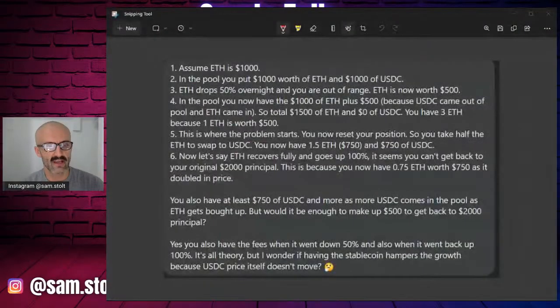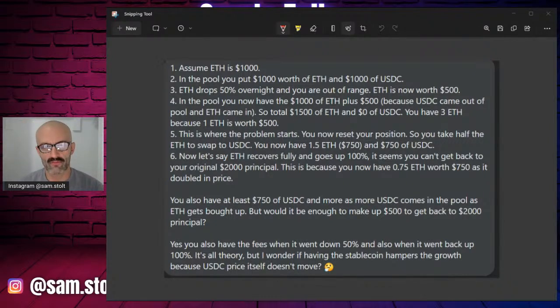So this came from my buddy on Facebook. And he was talking to his girlfriend about liquidity providing. She's providing liquidity, and she's concerned about impermanent loss and thinks that it is exaggerated when you provide liquidity with a stable coin.